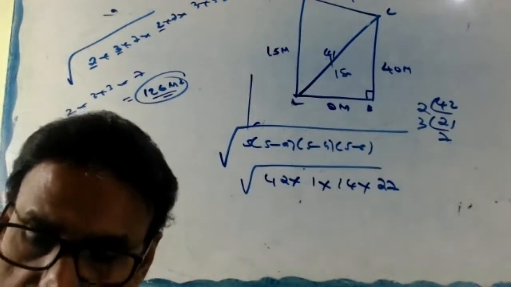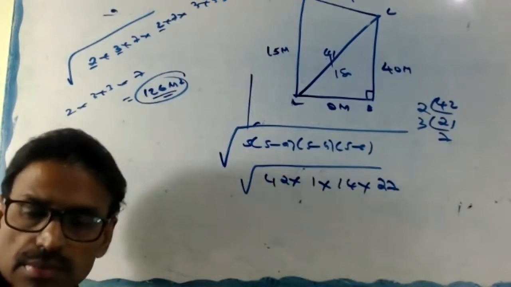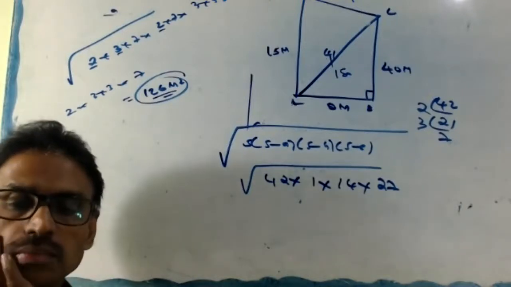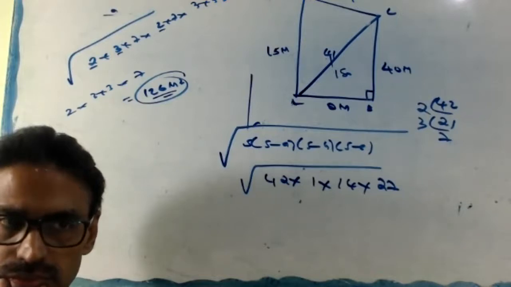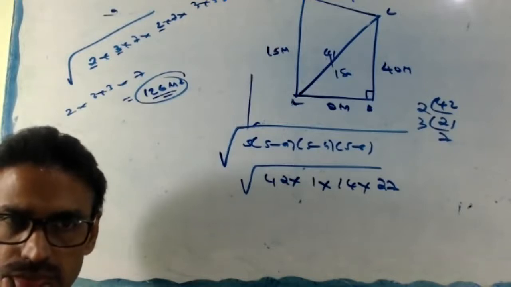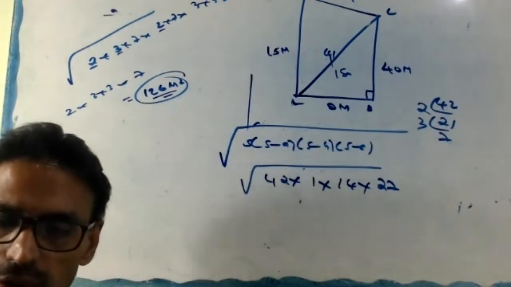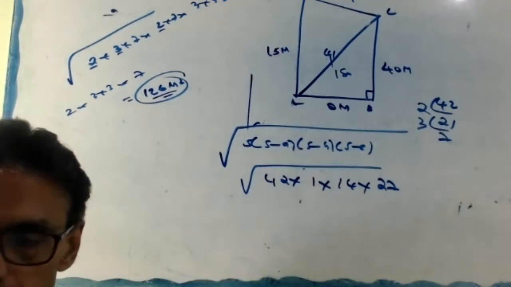Okay. Hamina, it's correct. Okay, Arush, correct. Fourteen meter square. Okay, sorry, 114 meter square.